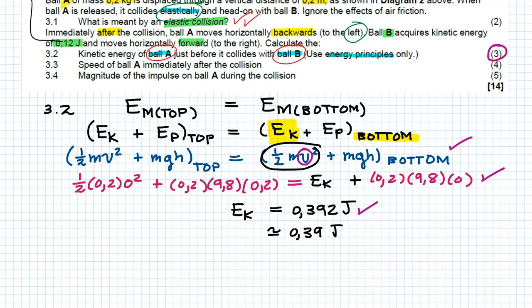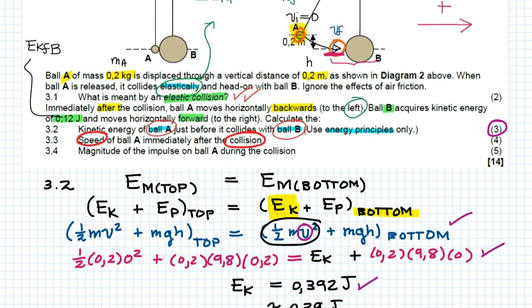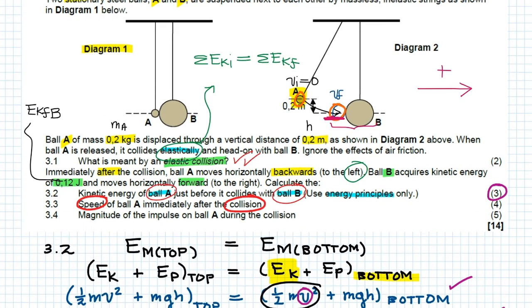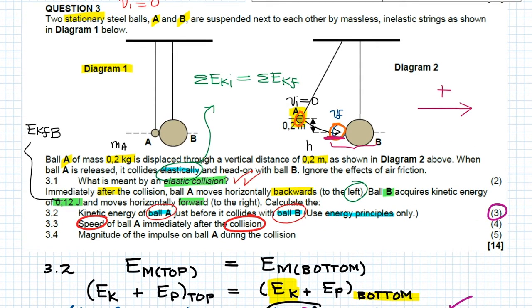Now question 3.3 says, calculate the speed of ball A immediately after the collision. Now, I know often when we think of collisions, we immediately run to the principle of conservation of mechanical energy. But the problem that we have is that we still don't know what the mass of ball B is.